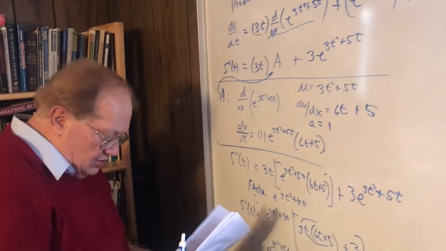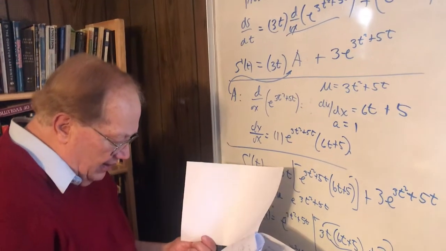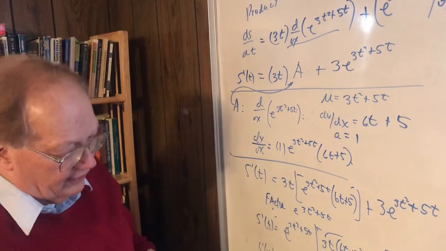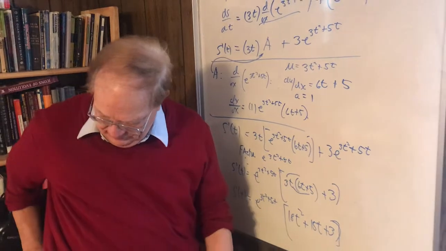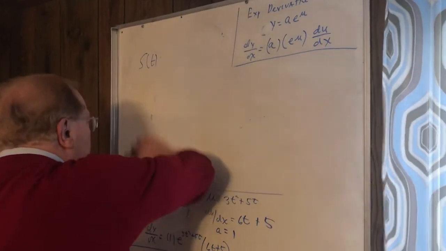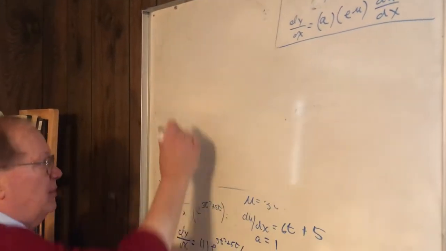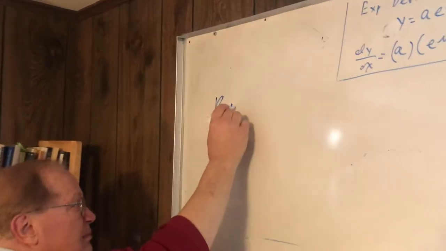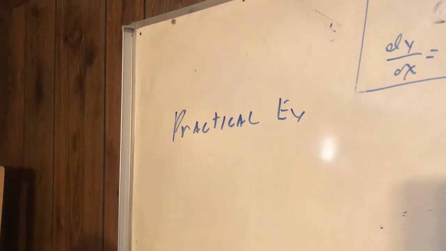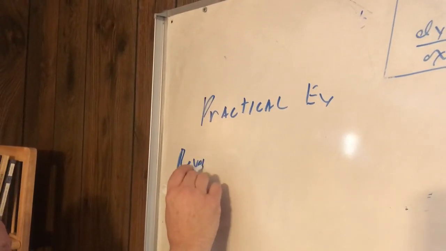So now what we want to do is go on to some practical problems. I don't have a lot of time left in this lecture, but I will give you the beginnings of the problem. And this is what I'm going to solve. So this is a practical problem, and what I'm given is a revenue problem.